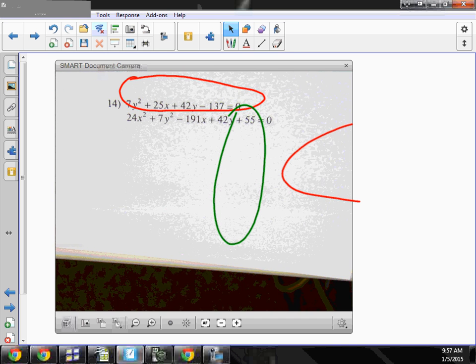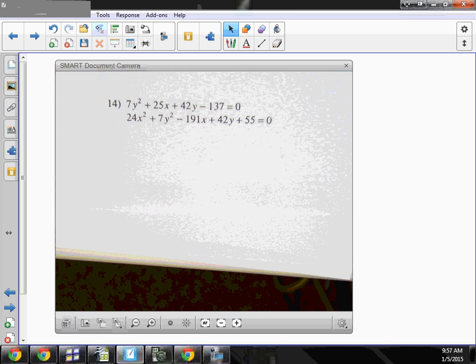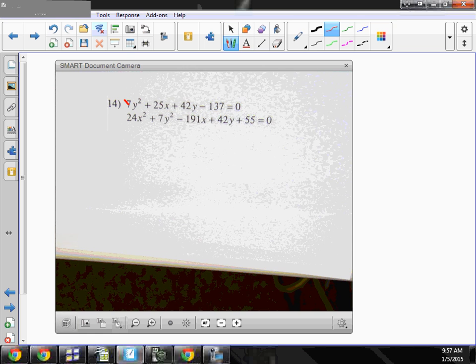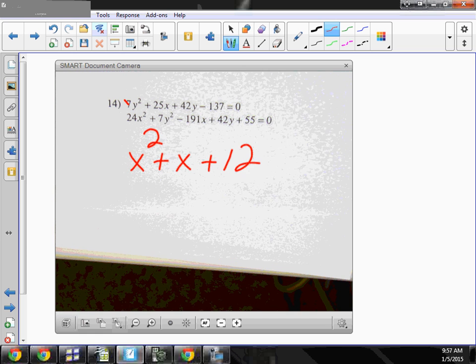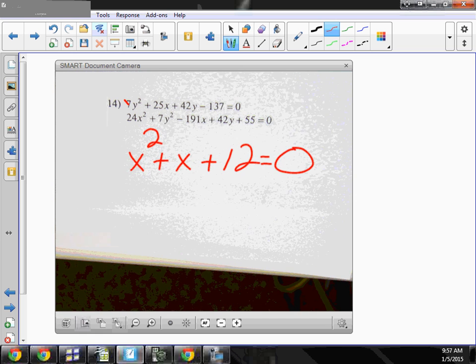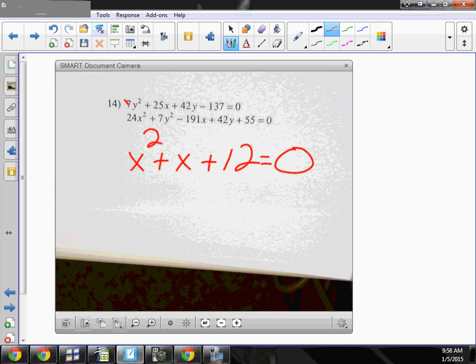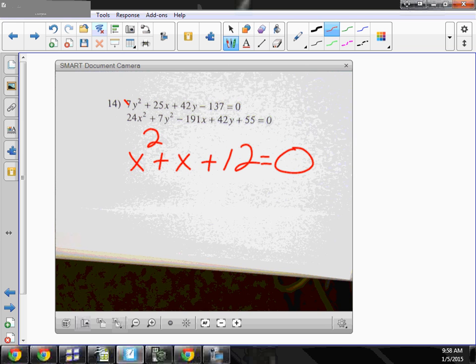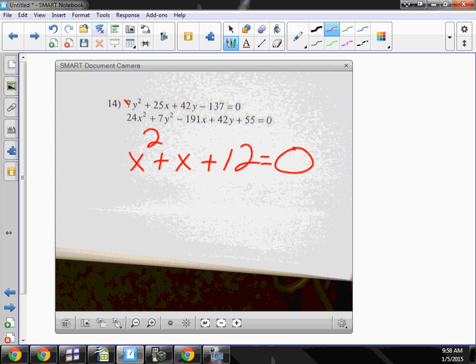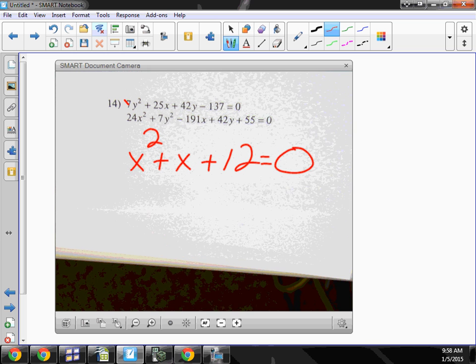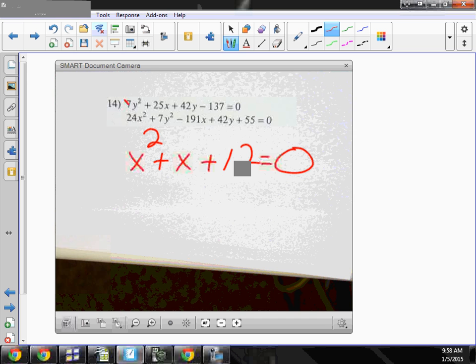Let's say I simplified this down, so I canceled the y's and I'm left with x squared plus x plus 12. How would I know if this has no solutions? What do we do with this to solve it? We try to factor it.